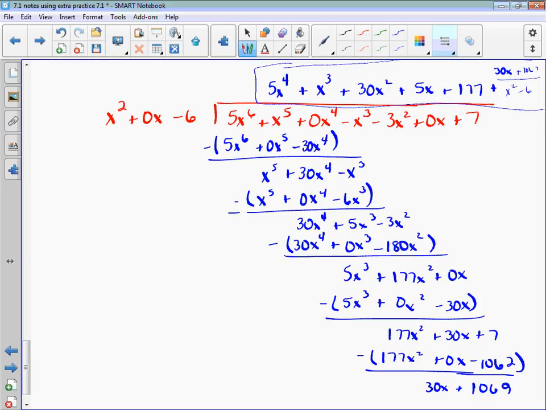I think I delivered. I know you can't read my remainder up here. Do you guys remember this is how you write your remainder, though? Plus whatever your remainder is over what you're dividing by. You don't write R and then the remainder, okay?